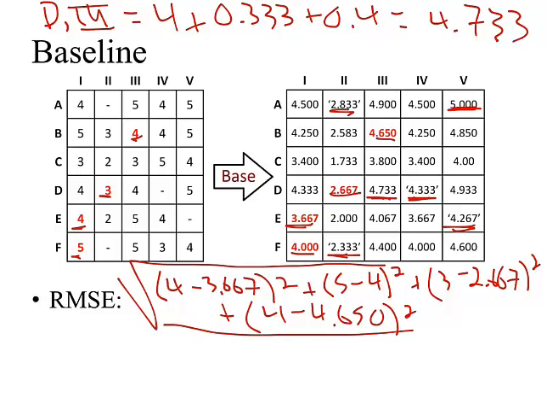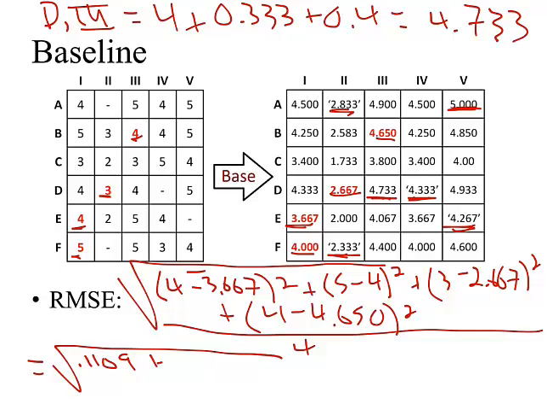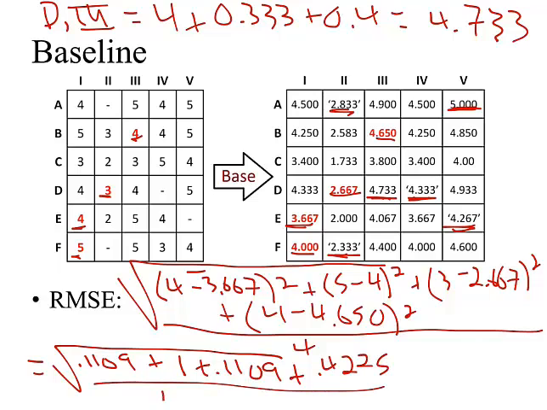And we want to divide that whole sum by 4 because we have 4 elements. And that's going to be equal to the square root of 0.1109 for this first term right here, plus 1, plus 0.1109 again, since these are the same distance away, plus 0.4225, all divided by 4, and that is going to give us 0.641.